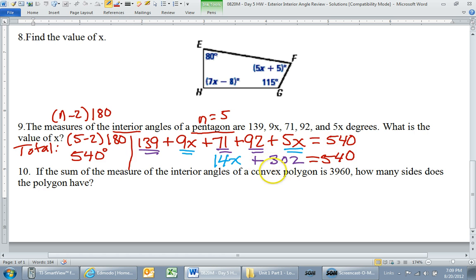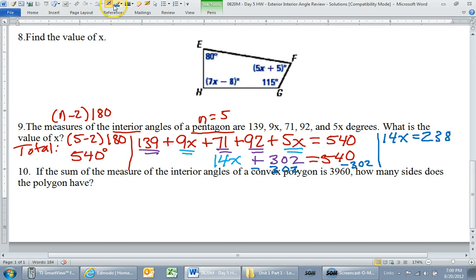540. So then we need to subtract 302 from both sides. So we need to go minus 302 minus 302. Alright, that's going to give us 14x equals 238.